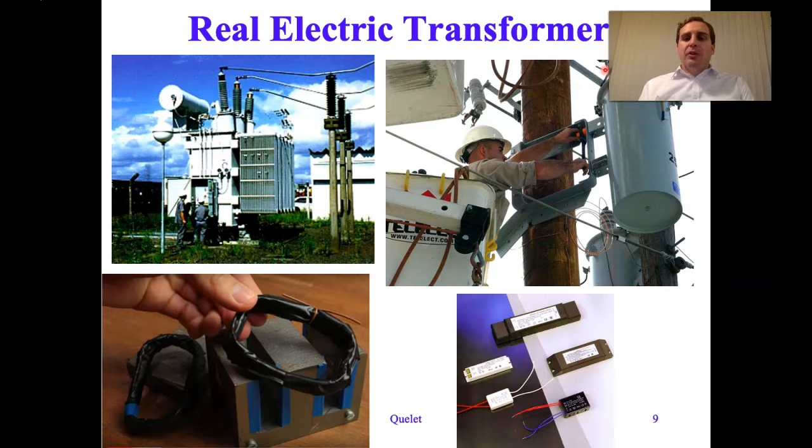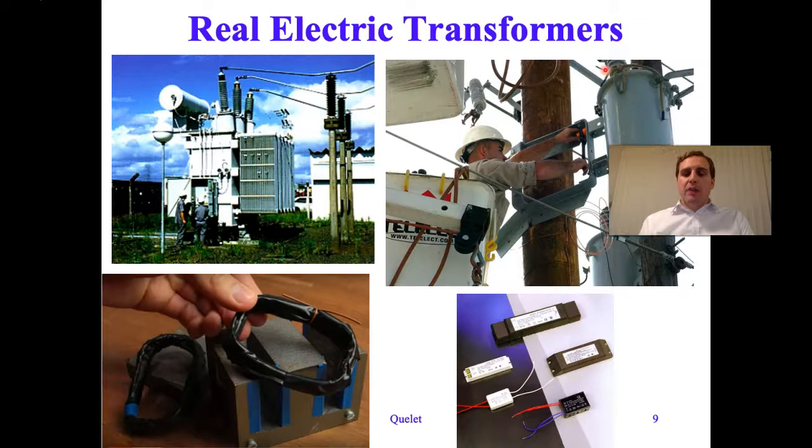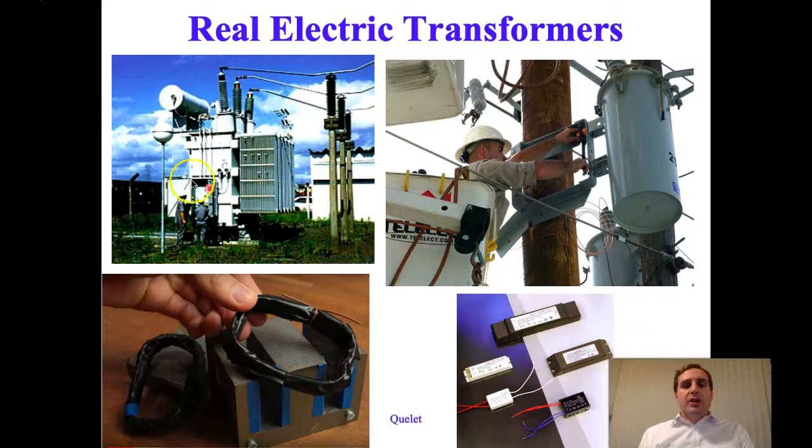Let's have a brief look at some real electric transformers. What do these look like when you actually view them? Here's an example of a substation, which might be in a neighborhood. Notice there are some people working on it. A substation takes the electric power, which is at many kilovolts, usually 15 kilovolts or so, and steps it down to a more manageable voltage.